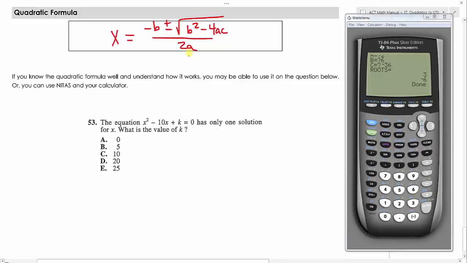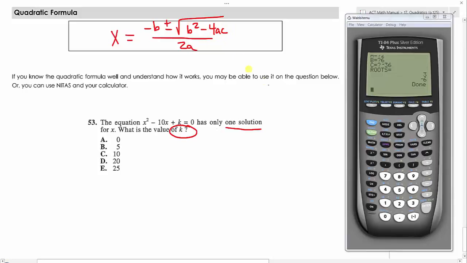Before I do number 53 using the quadratic formula, I'm going to circle that. That's what they're asking. I am going to say that there are other ways to do this, which I'll show you in a moment. But one of the ways is to know that if a quadratic has only one solution, what that means is that this part of the quadratic equation is 0.